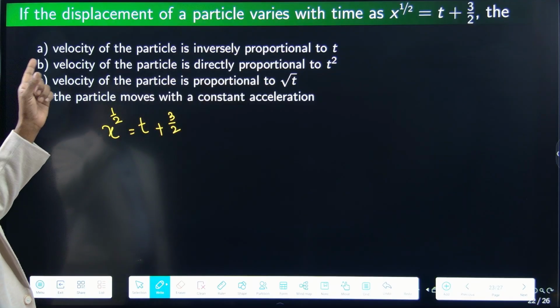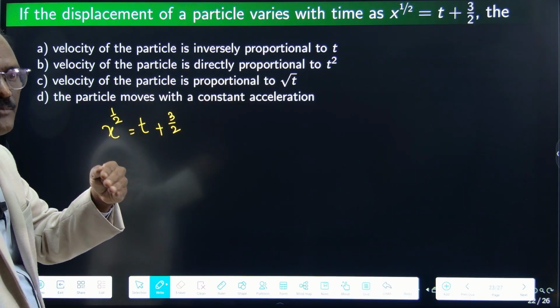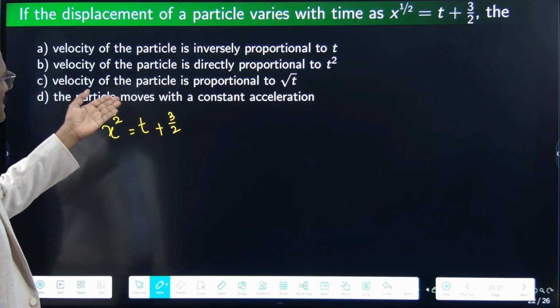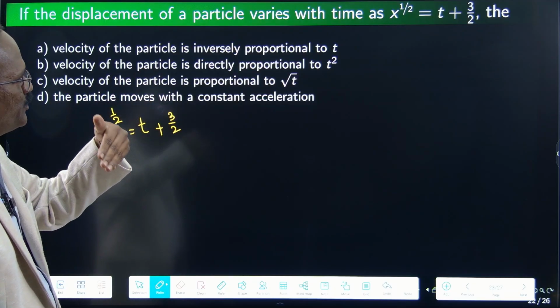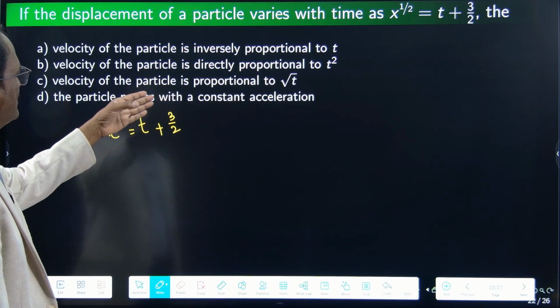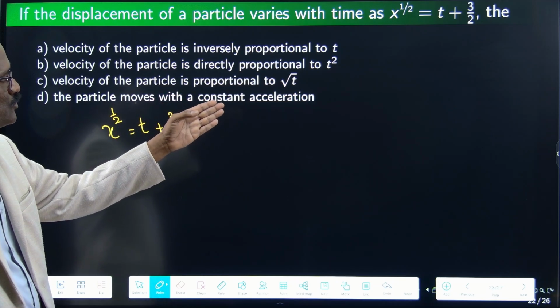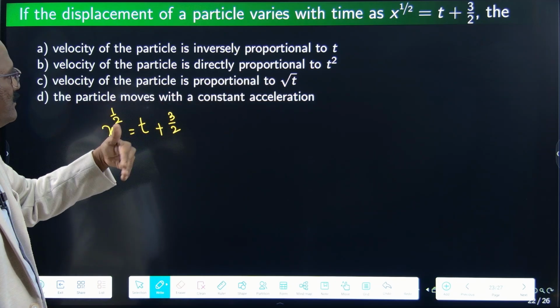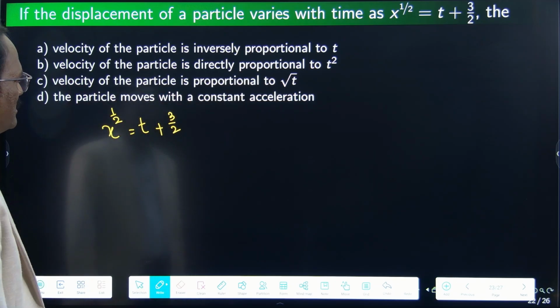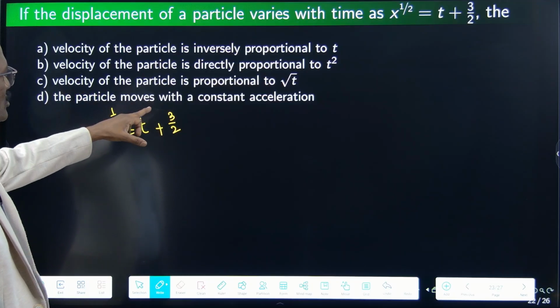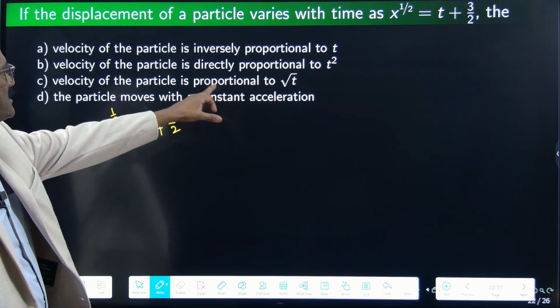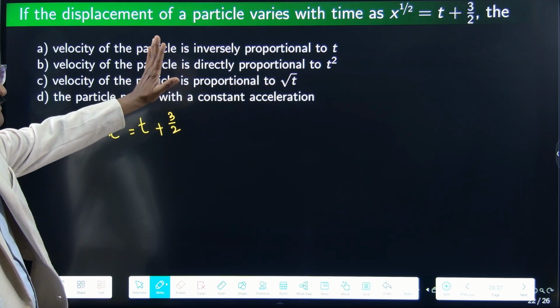Velocity of the particle is inversely proportional to t. Velocity of the particle is directly proportional to t square. Velocity of the particle is proportional to square root of t. The particle moves with constant acceleration, right? So the fourth one is talking about acceleration. The first three are talking about velocity only.